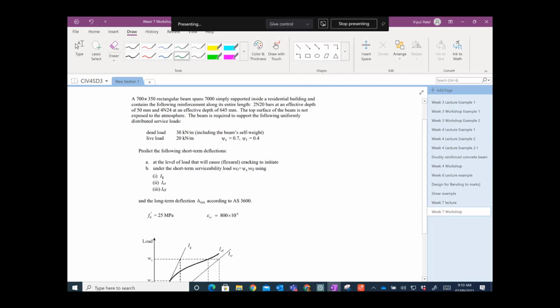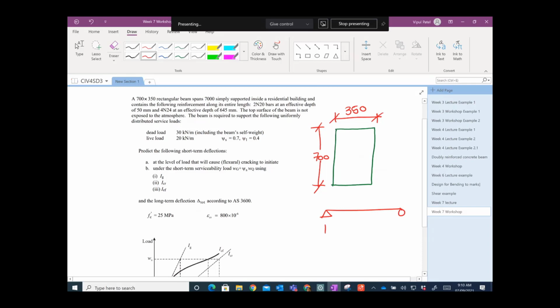Now in this rectangular beam, we have 700 millimeters as depth, 350 millimeters as the width, and it is simply supported. So if I redraw this, it is simply supported and the length is 7 meters, or say 7,000 millimeters.